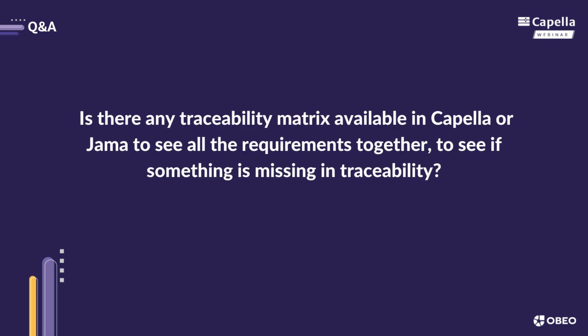Is there any traceability matrix available in Capella or Jama to see all the requirements together to see if something is missing in traceability? Excellent question. So you're right. Whenever you want to build a traceability matrix, you have to define the scope of what you are tracing.